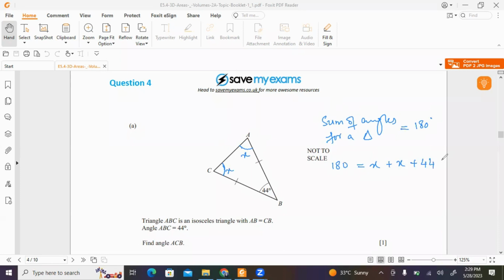The reason why I wrote two x's over here is because it's an isosceles triangle. In an isosceles triangle, two of the lengths are equal, and so are their corresponding angles. Hence, we're using the same variable. So 180 minus 44 is 2x. Then we do 180 minus 44, which gives us 136. Then we divide 136 by 2, which gives us 68. That is our angle.